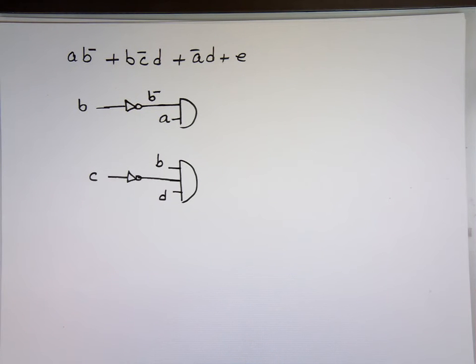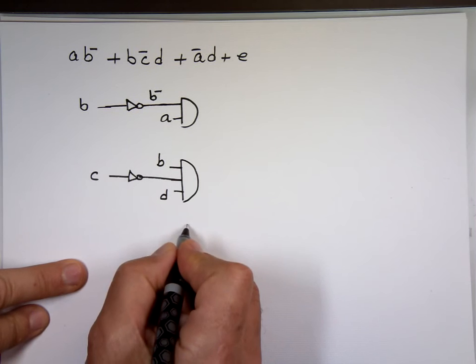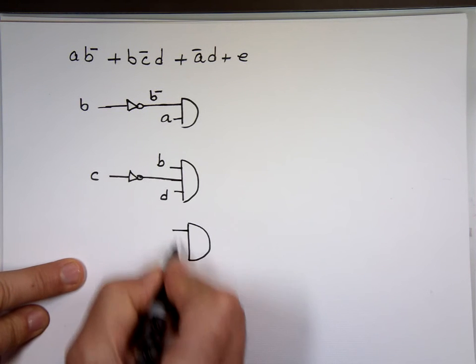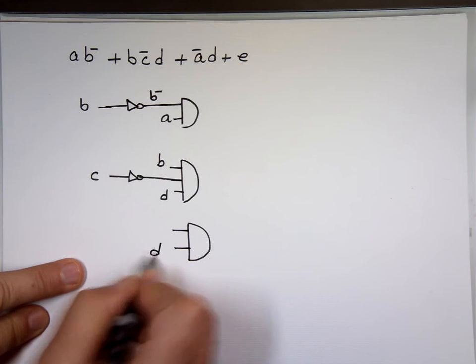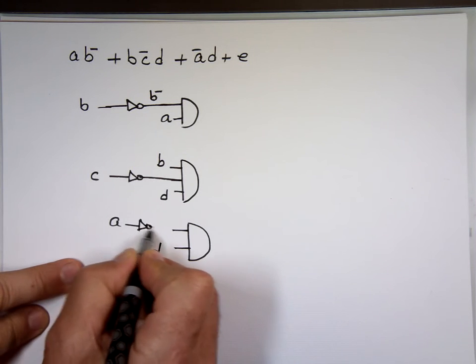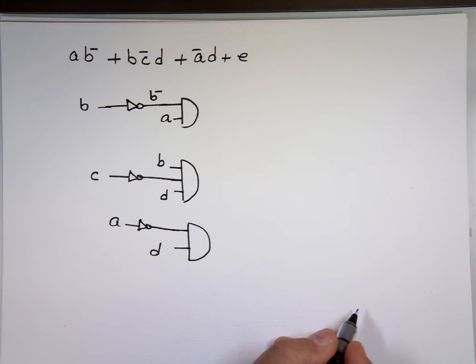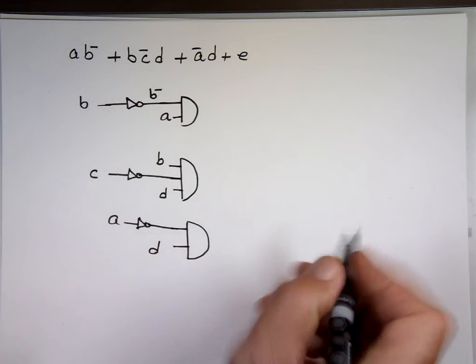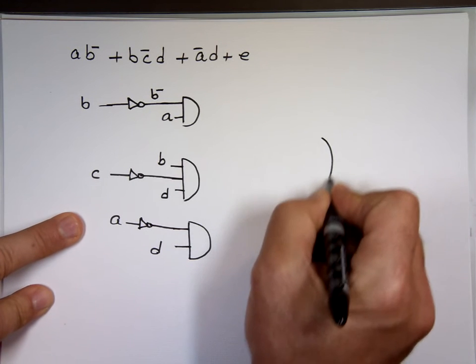I have another AND gate with 2 inputs. And finally, you take the results of all 3 of them, with E, and what do you do with them? You OR them together.